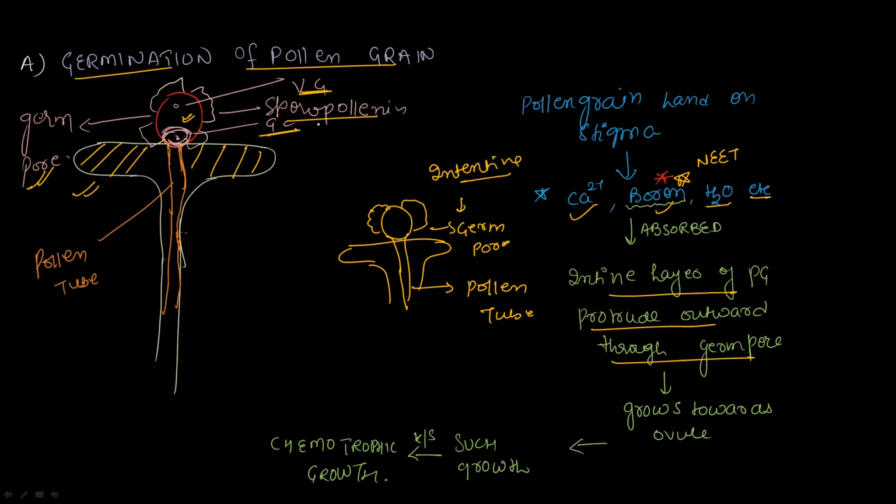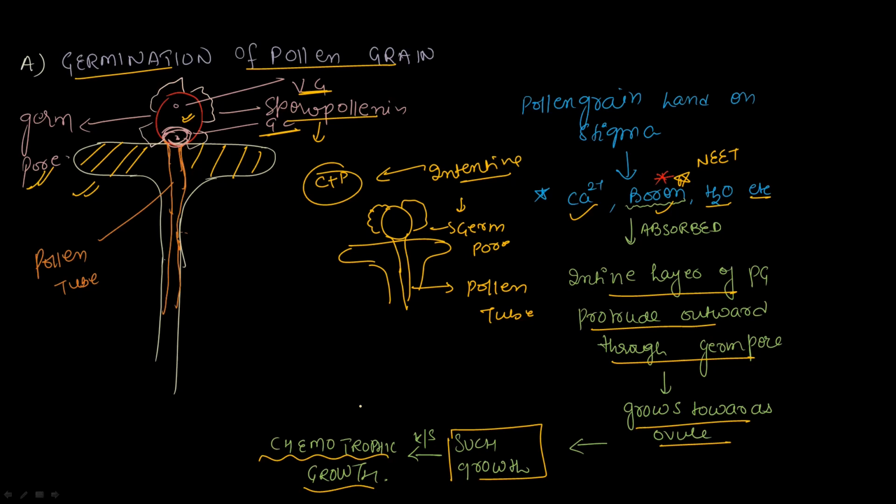All right, and you must know that sporopollenin is the hardest biological material. It can't be degraded by anything. Whereas the inner layer, the intine, is made up of cellulose or pectin. After this, the pollen tube grows toward the ovule, and such a growth is known as what?